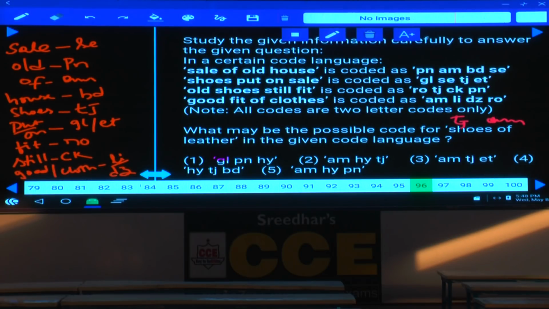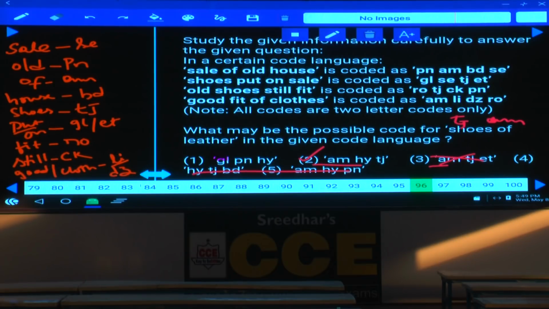Now leather is nowhere here, and TJ, AM should be present. Either it can be choice 2 or choice 3. Now between these two, either HY or ET. ET is the code for put or on, hence it cannot be your answer, choice 2 is the answer. 96.